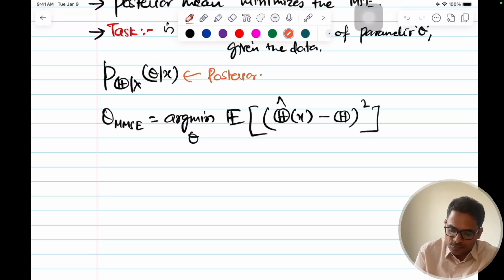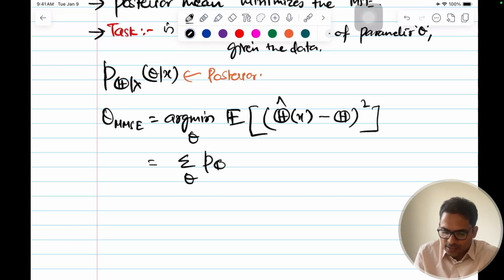So this will be equal to sigma over theta. I'll write it the other way around. Generally this is the probability of theta.